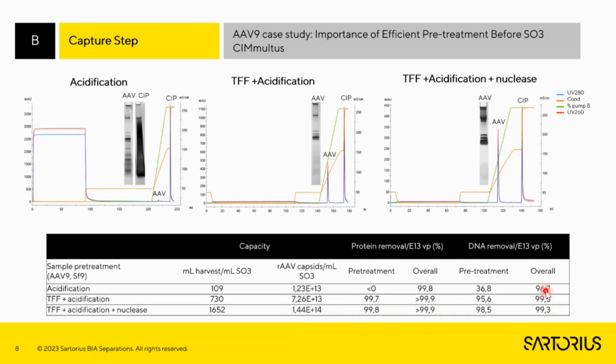We see from 1 log to 2 log removals from having the pre-treatment and SO3, or approximately 1 log or a bit below with acidification just as a pre-treatment step. So really, how you prepare your sample will define your outcome, and the clearer and purer the sample is when it advances to the next stage, the better the product will be.